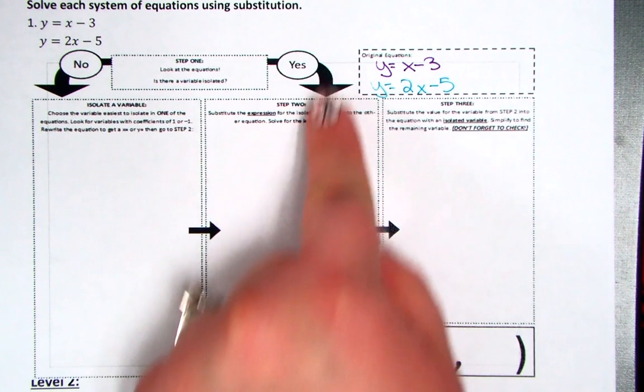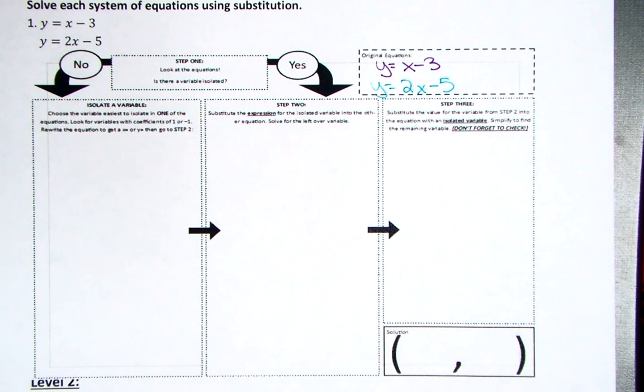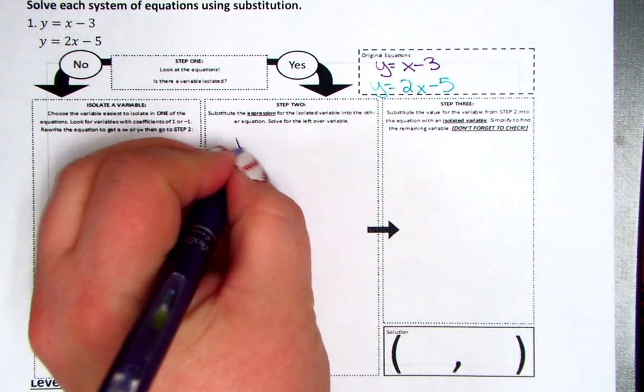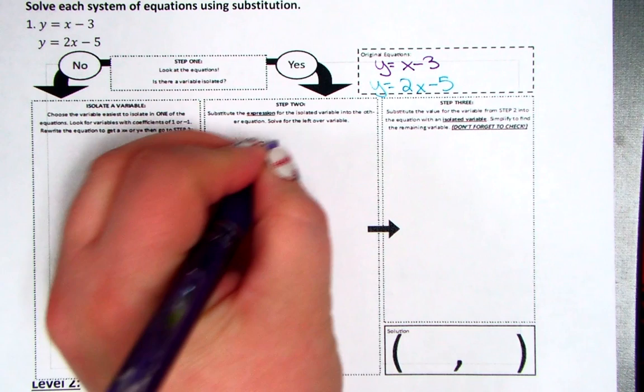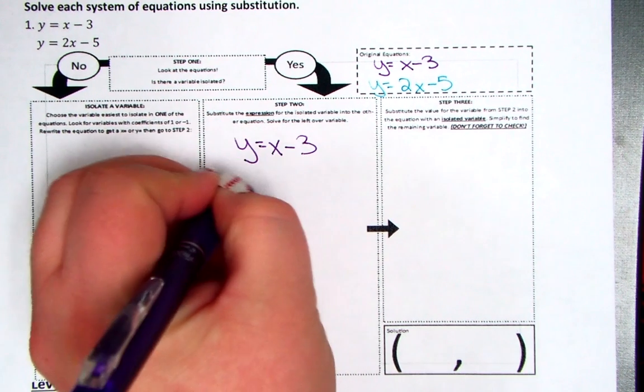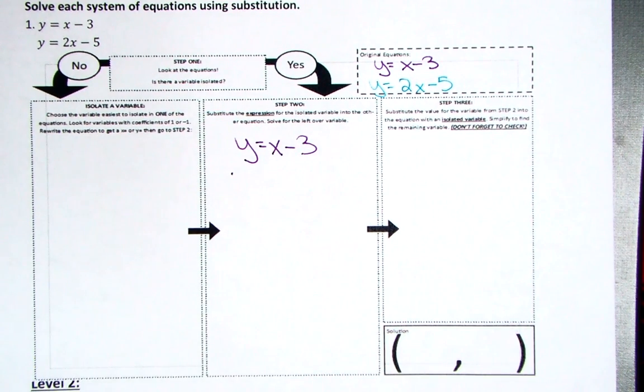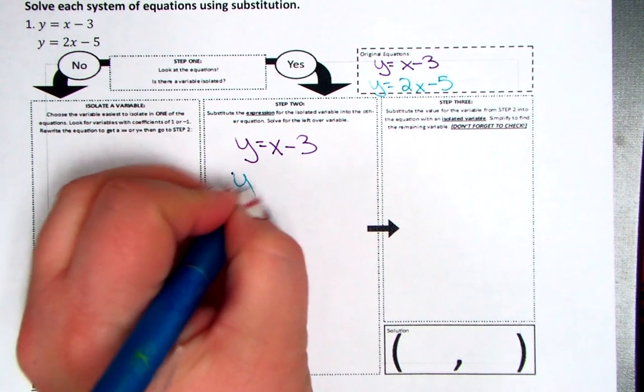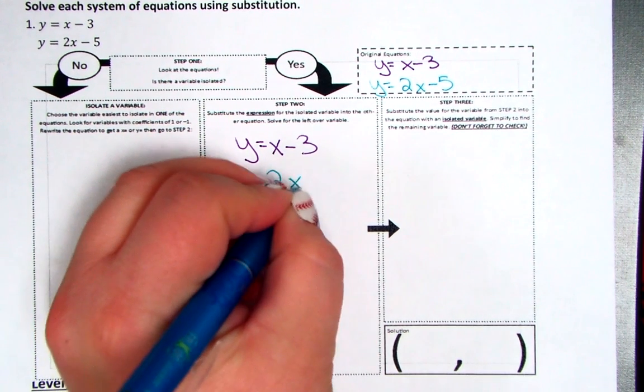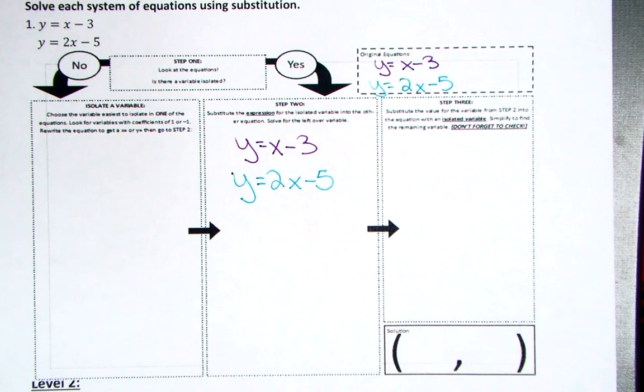So since it's yes, we'll follow it over to this box here, and we'll write our equations down again. In this box, it asks us to substitute the expression for the isolated variable into the other equation and then solve for the leftover variable.